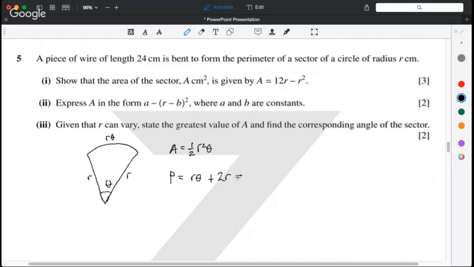And we know what the perimeter is, right? We know that it's equal to 24. So if you solve for theta and then plug it in, you will get that A is equal to that. So you just use these two relations.